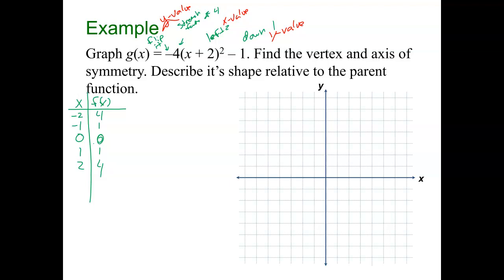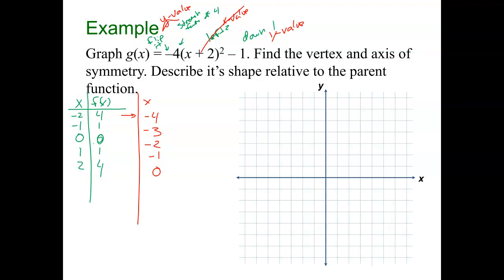So my new x values: we're going left, so we're subtracting. -4, -3, -2, -1, and 0. So those are my new x values. Done. Now we move outside of the parentheses.